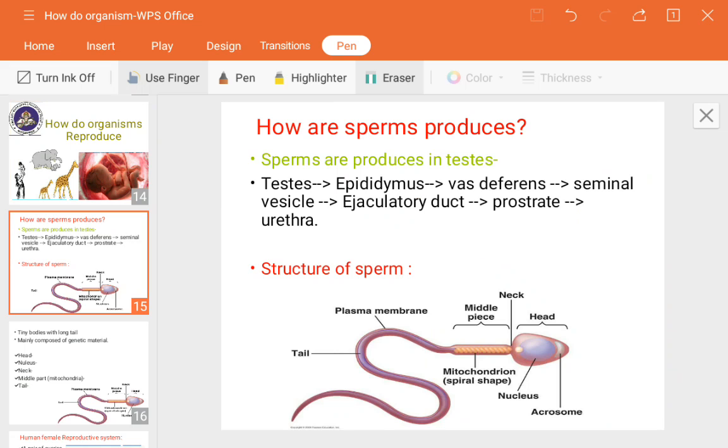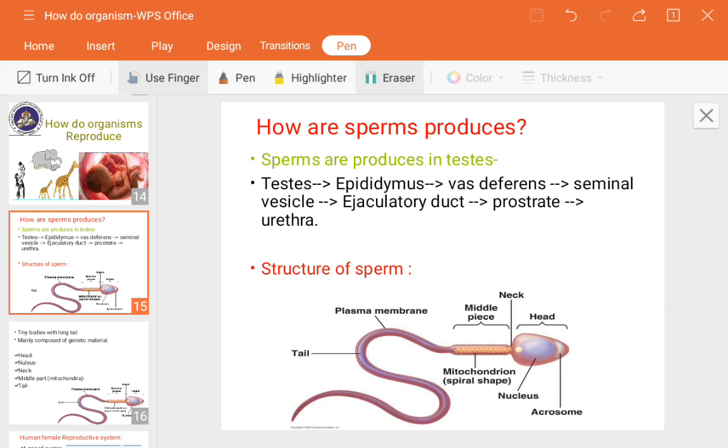How are the sperms produced? The sperms are produced in testes, then it will later transfer towards the epididymis. Next, it will mature inside the epididymis, later transfer to the vas deferens. So from the vas deferens, the tube-like structure, it will get ejaculated through the seminal vesicles, which produces a viscous substance.